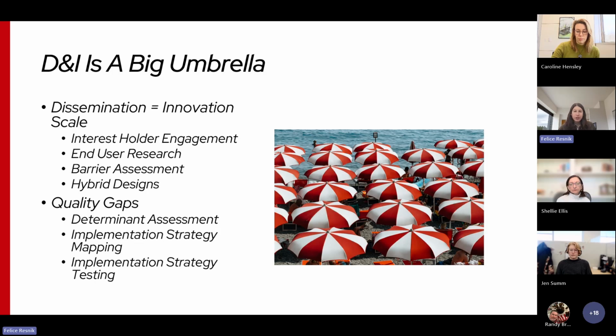We often use hybrid designs to study both these things together, to study effectiveness and implementation at the same time, so we can assess the key determinants, the different contextual factors, and map them to the right strategies, and then finally test them to make sure that the evidence actually takes hold in real world practice. So it's a whole life cycle of a product and project.